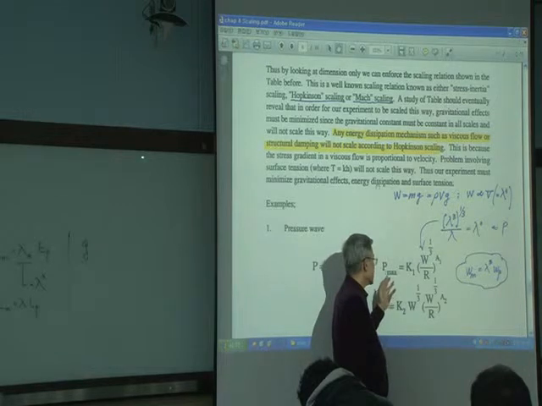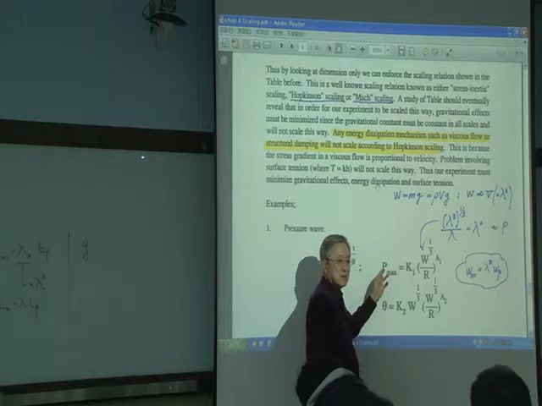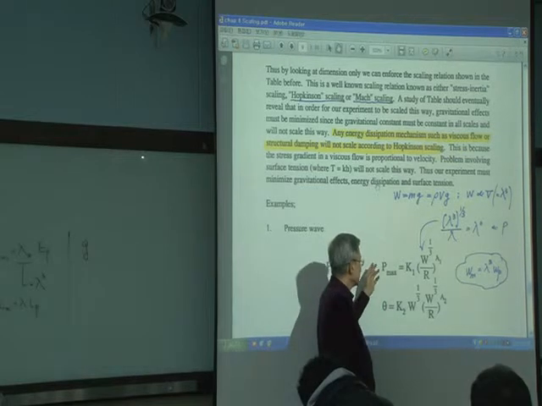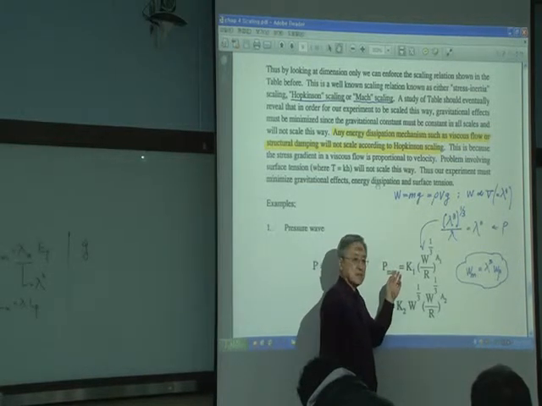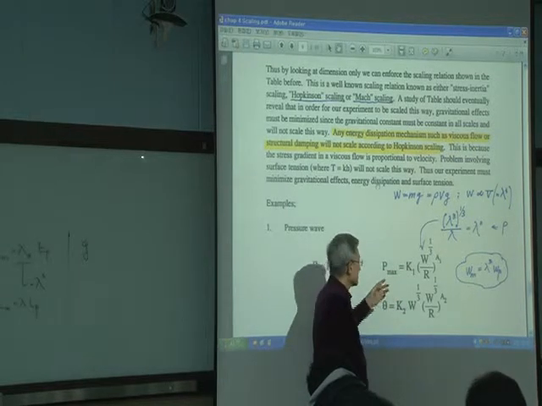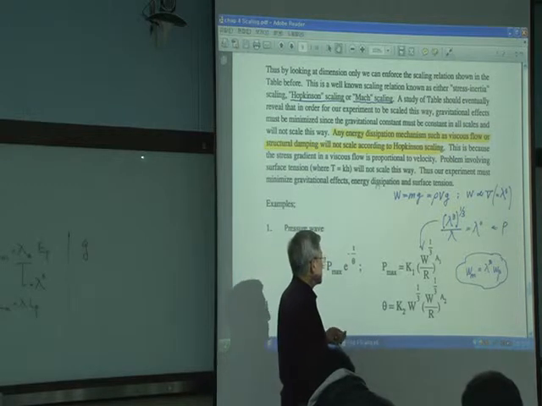And let's look at what would be the lambda scale factor for the pressure, okay? I just reworded this a little bit to make it easy.